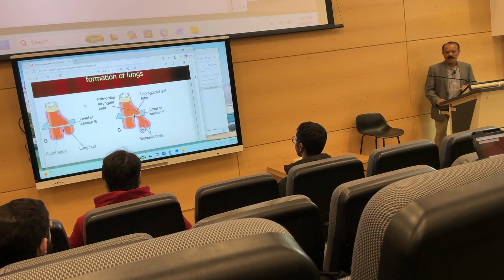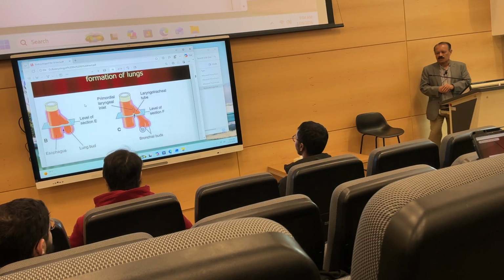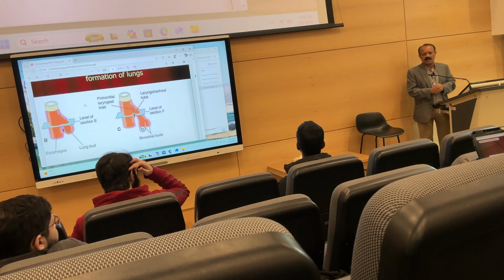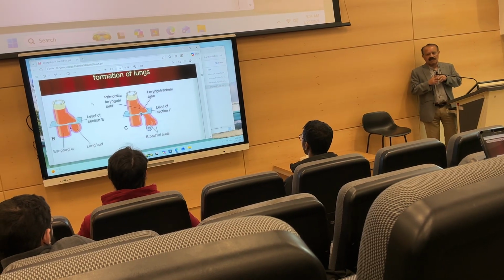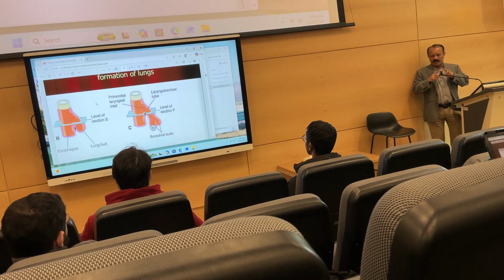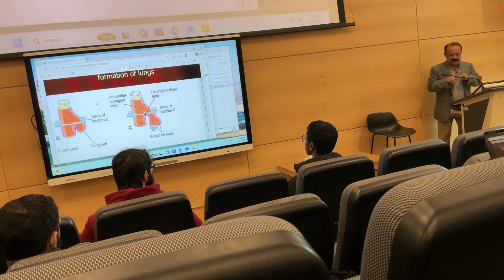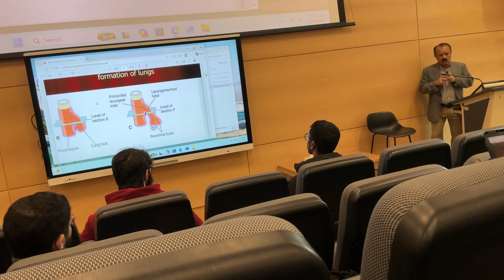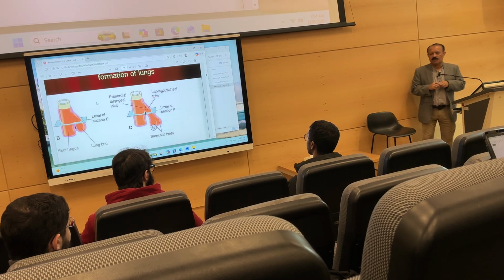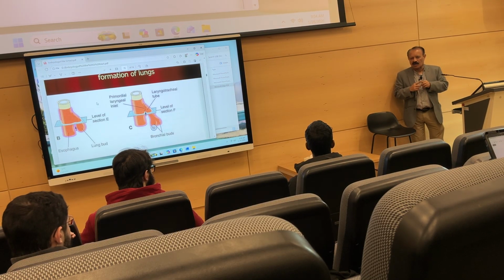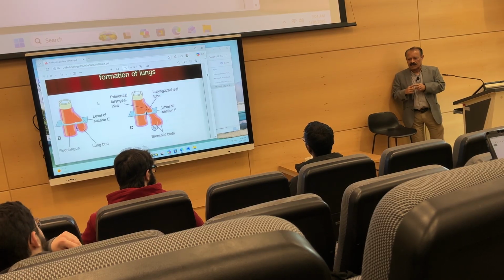This picture was there a long time back. So I won't spend much time with this because you know it already, that the diverticulum from 1 becomes the 2, and they are connected. This connection should go away. Sometimes a child is born with the connection intact, which we call tracheoesophageal fistula.